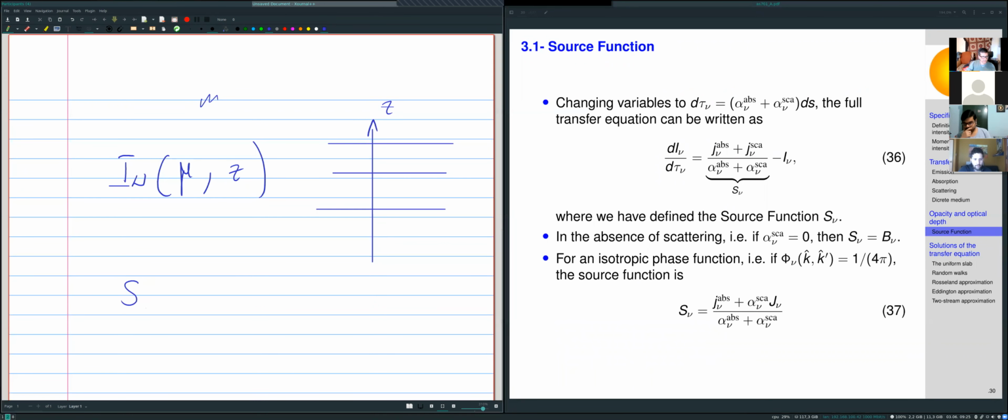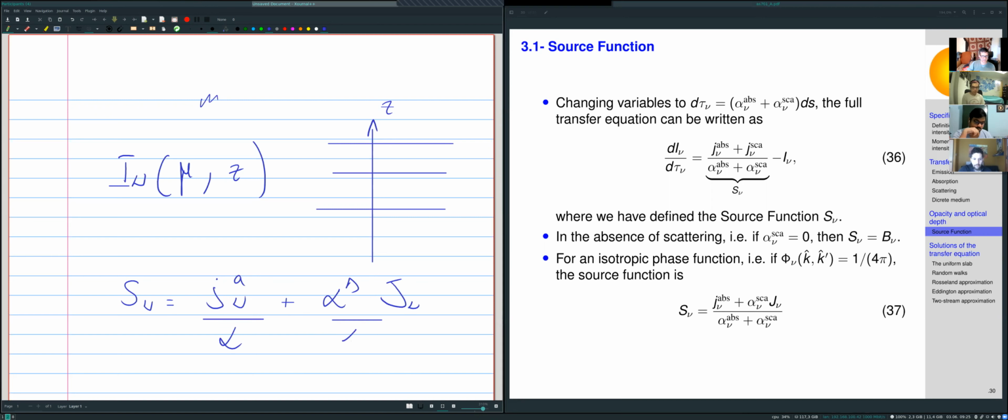S nu is alpha nu absorption times the Planck function plus alpha scattering times J, divided by total alpha.